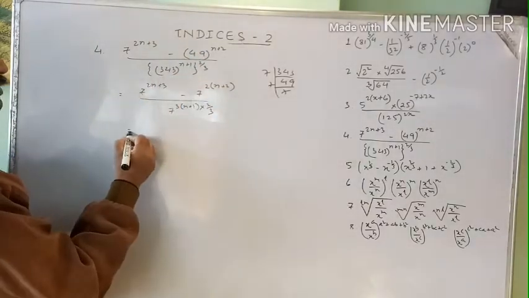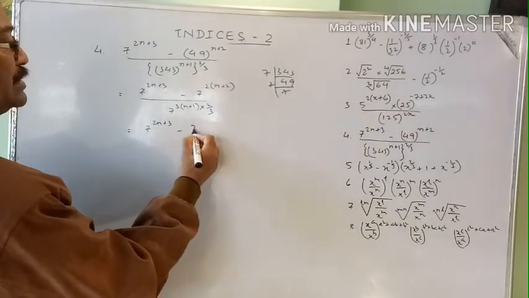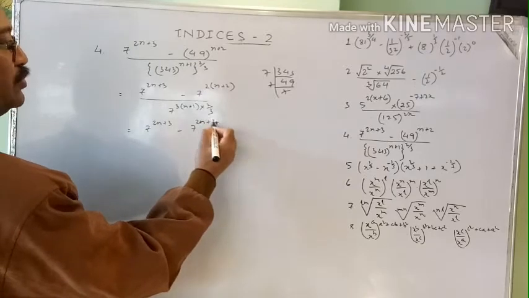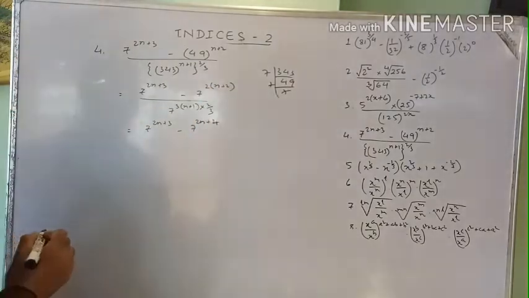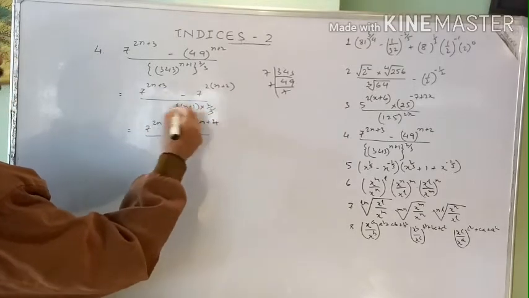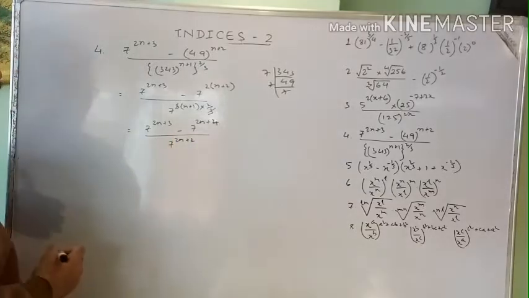So if you simplify, 7 to the power 2n plus 3 minus 7 to the power 2n plus 4, divided by, this 3 can be cancelled here. So if you multiply by 2, you get 7 to the power 2n plus 2.